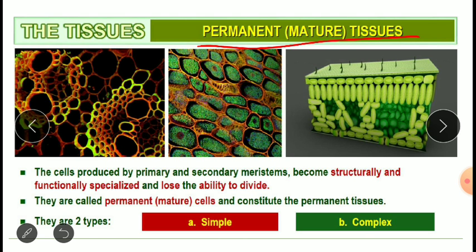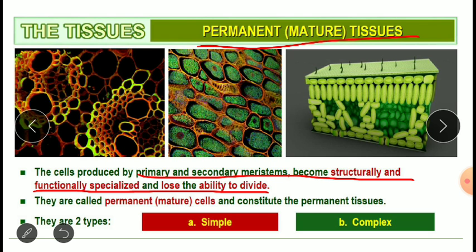They have been differentiated. So these are going to be called permanent tissues or the mature tissues. The cells produced by primary and secondary meristem become structurally and functionally specialized and lose the ability to divide.